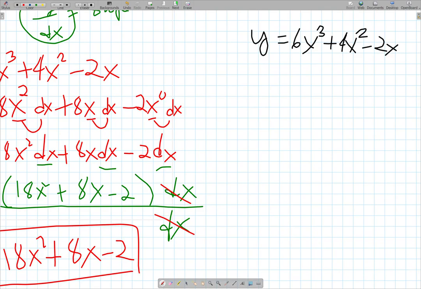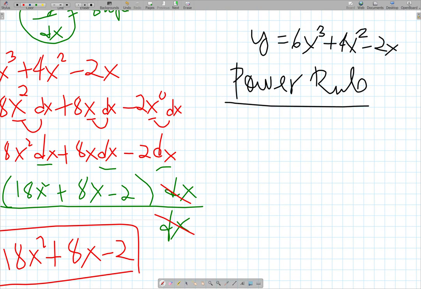We will use the power rule because it is applicable. That is the easiest way to find derivatives, using the power rule. So we have to derive y with respect to x, of course. That is dy over dx.